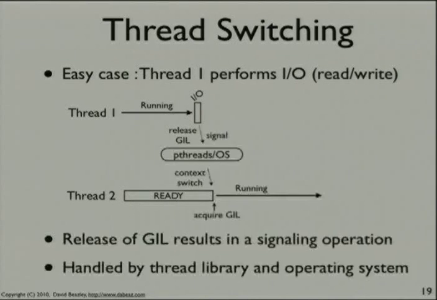So what happens there is this thread will send a signal into the pthreads library, and through some complicated mechanism that we don't really have to worry about, that gets the operating system to switch to the other thread. Okay, so that's the easy case: if you do I/O, the system signals the other thread and says, okay, go ahead and run.